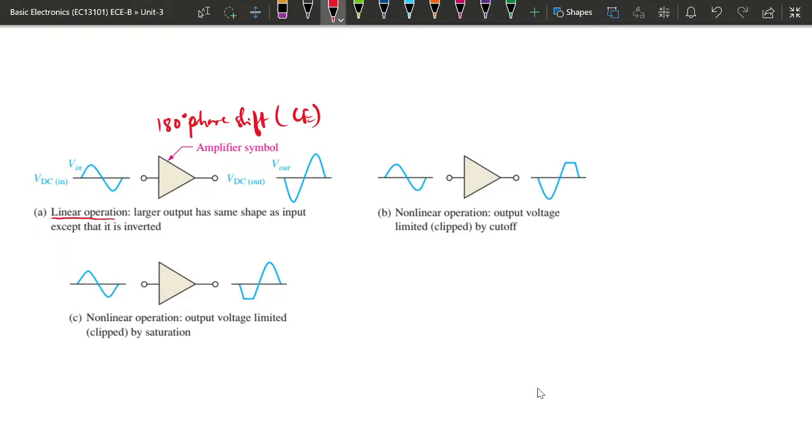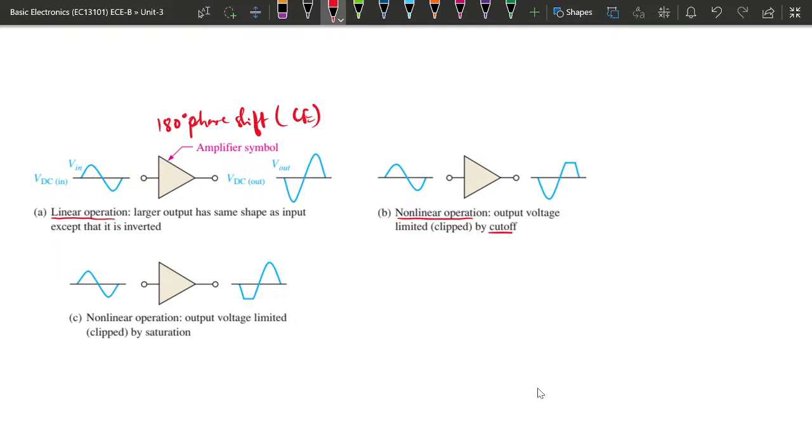But if it works in non-linear mode, that means its operation is such that at some time it works either in cutoff or in saturation. If it works in cutoff mode, the output will be obtained like this, where the upper positive portion is cut off or clipped.